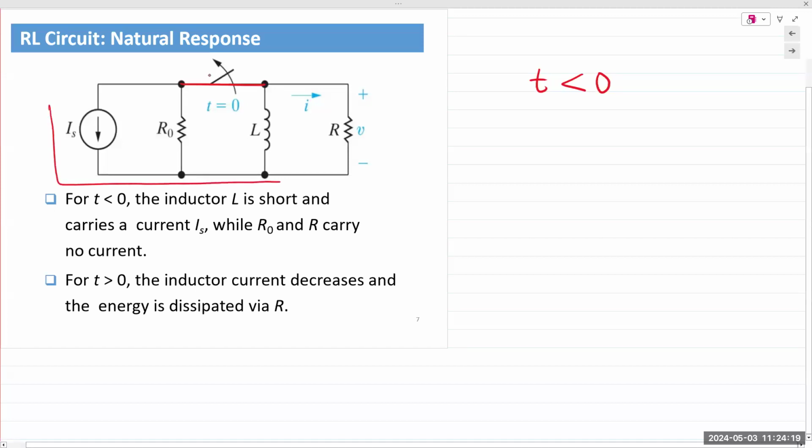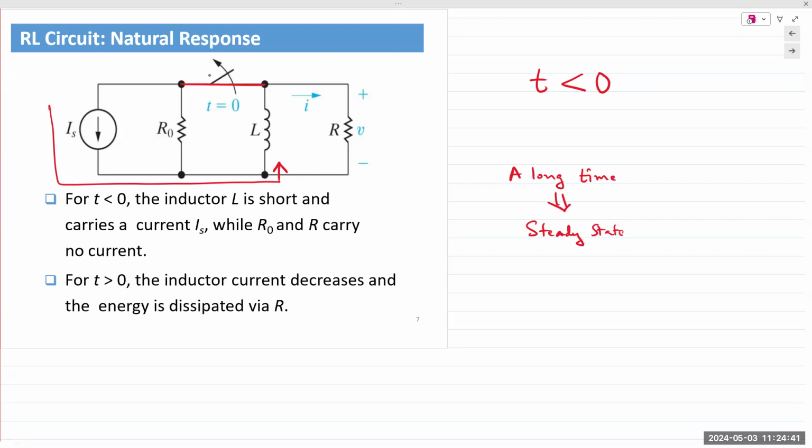Current source IS was connected to the rest of the circuit for a very long period of time. For a very long period of time means the inductor had time to reach steady state. A long time simply indicates steady state.